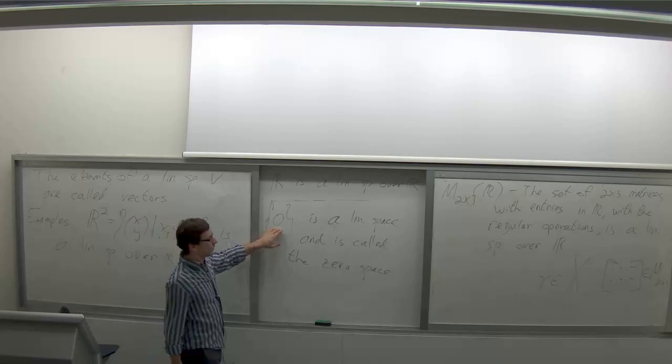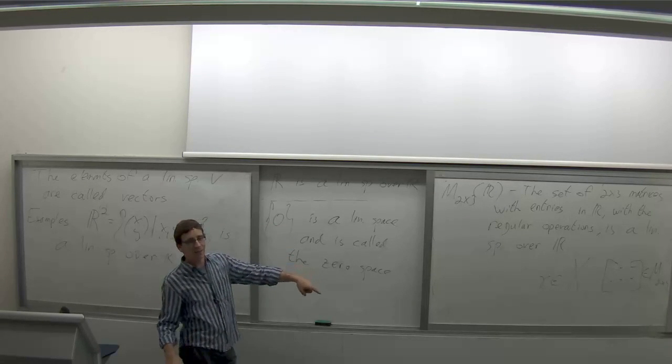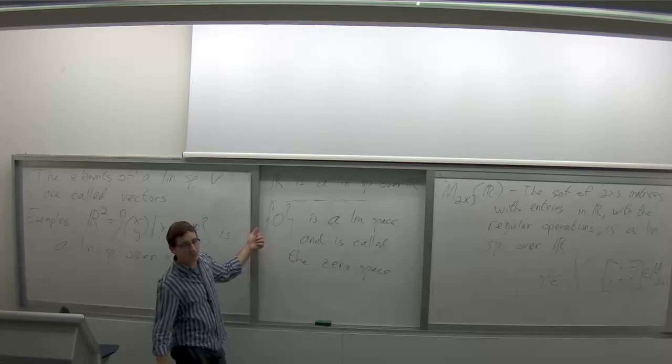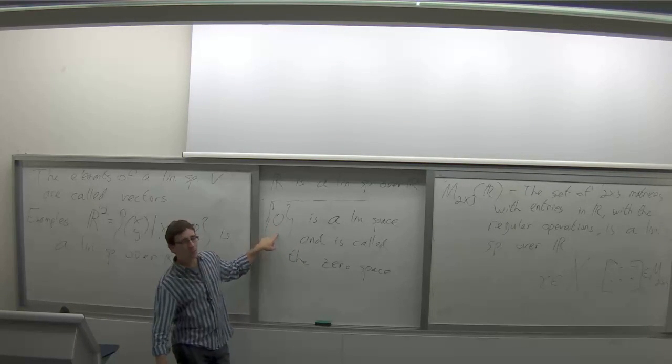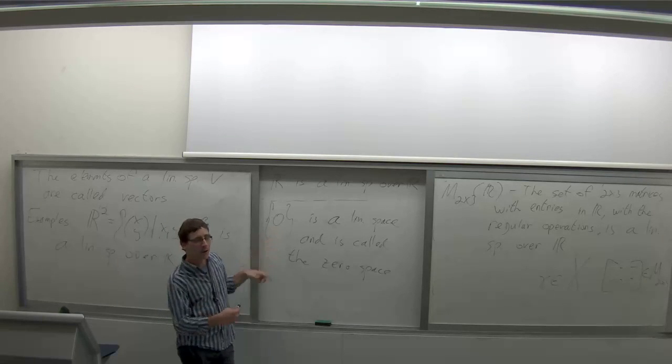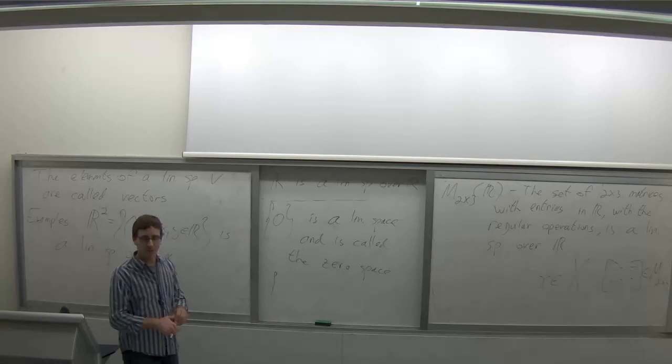First of all, what is the summation? 0 plus 0. What can it equal? It has to be 0. It has to be closed. And for any scalar alpha in R, what is alpha times 0? It's 0. So, as I told you, it functions as 0, but that's what I mean.